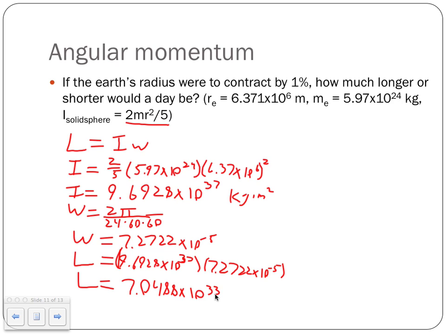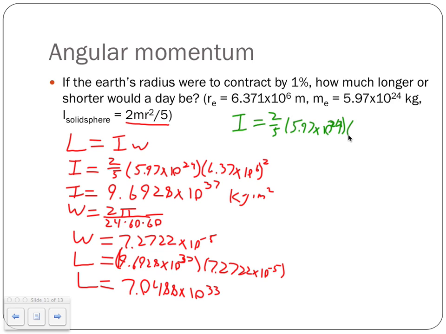Now, because there's no net torque on the Earth, we're just contracting the radius a little bit, that angular momentum will remain constant. So that will also be our final angular momentum of the Earth. But in the second case, the mass of the Earth stays the same, but the radius is different, so we have to find a new moment of inertia. 2/5 times the mass of the Earth, which hasn't changed, 5.97 times 10 to the 24th, times the new radius of the Earth.